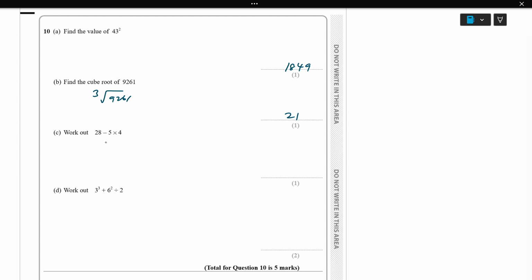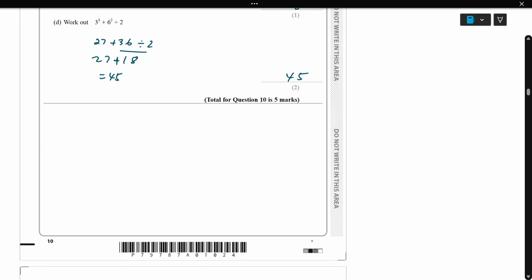So we have to use the BODMAS rule. 28 minus 20, which is equal to 8. Next, again it's a BODMAS rule. This is 27, 3 cubed is 27, plus 36 divided by 2. So 27 plus, we have to do this first, BODMAS, which is 18. So the answer is 45. So 45 is the answer here.